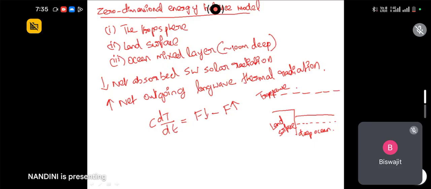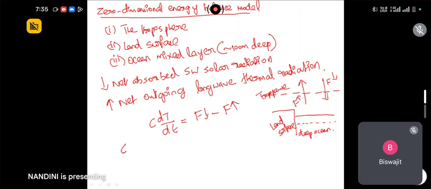We have incoming solar shortwave radiation, and we have outgoing long wave thermal radiation. So F incoming is the shortwave irradiance being absorbed by the climate system, and F outgoing is the net outgoing long wave irradiance from the tropopause.